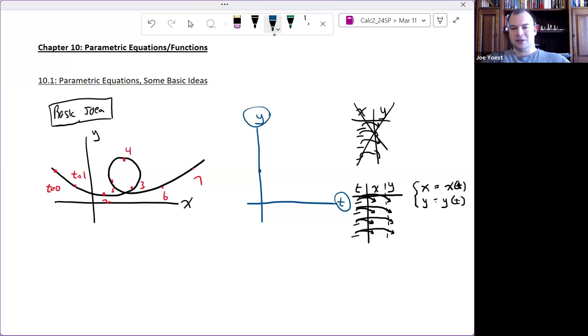When t is 1, y is a little lower. When t is 2, y is a little lower still. And then when t is 3, y goes up. When t is 4, y goes up again. Seems like it reaches the max at 4.